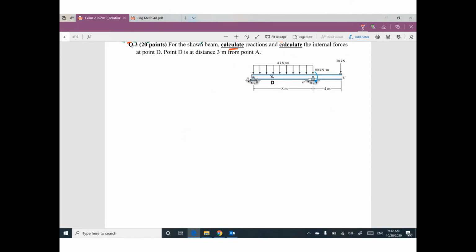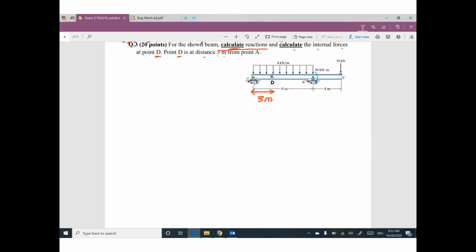For this beam, we are looking to calculate reactions. That means we should have a specific point. That makes sense. Calculate reactions first. Calculate the internal forces at point D. Point D is at distance 3 meters from A. So this distance is 3 meters.